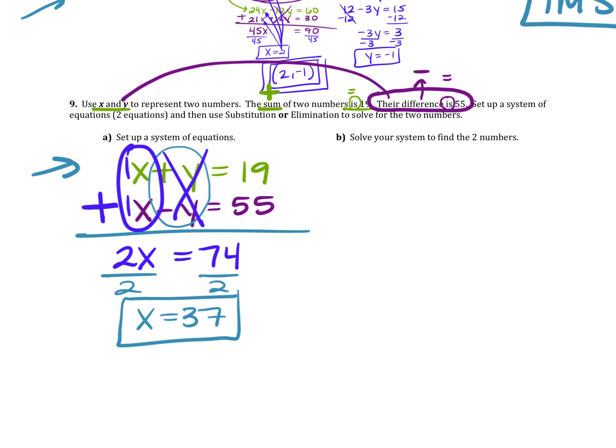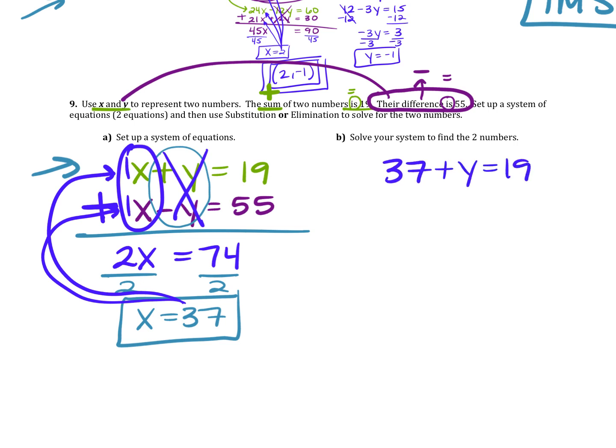Now we have to plug that in either to the second equation or the first equation. So if we plug it into that top one, 37 plus y equals 19. So you're going to solve that for y.